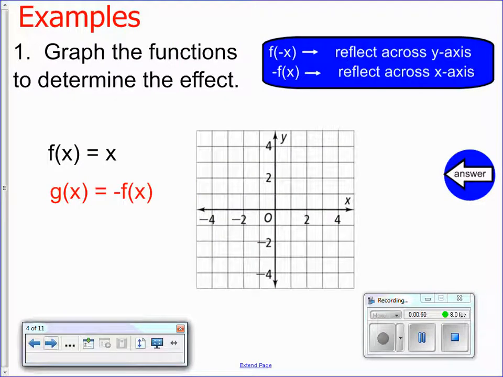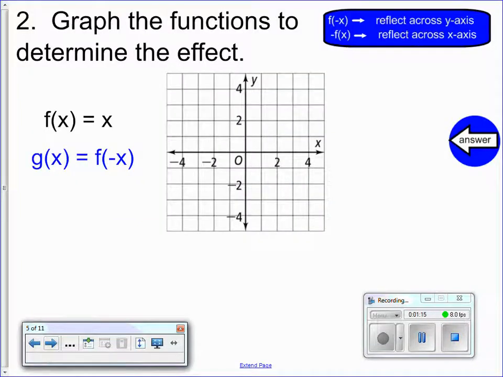So for example, graph the function, determine the effect. The first graph is the parent graph, the one that goes right through the origin. The second one, since the negative is on the outside, means it reflects across the x, so it will look something like that.